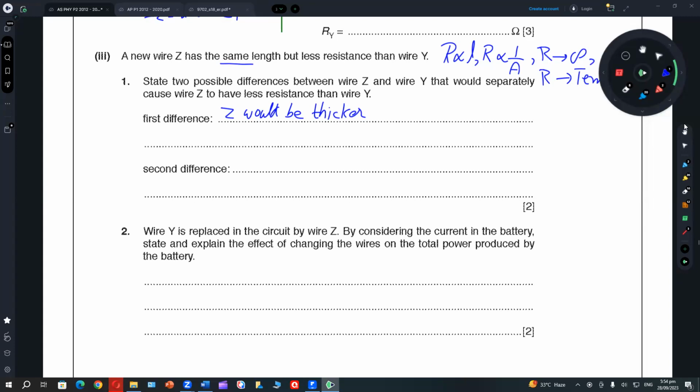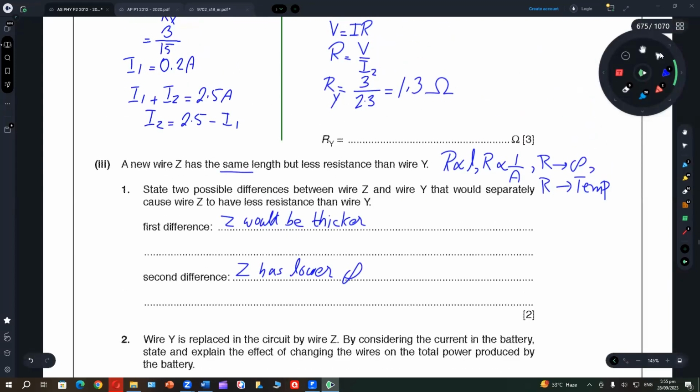Now, what about the second difference? We can change resistivity, I mean material. For example, Z has less resistance, so maybe it is a material of greater conductivity. Majority of people remember that resistance depends upon length and upon area.